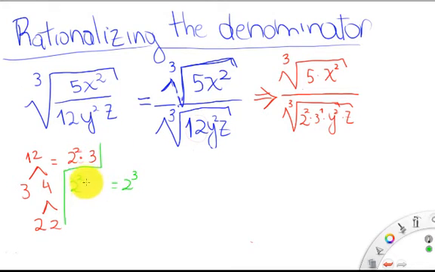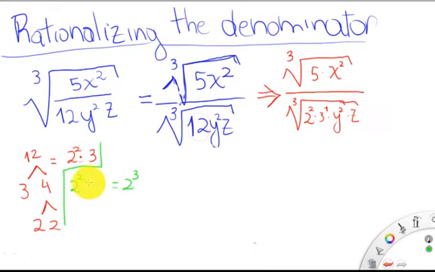A simple answer is, what can I multiply? Well, the answer is 2 to the first. Because you know that if you do that, you're going to get 2 squared times 2 to the first, which is 2 raised to the power of 2 plus 1, because we add the exponents. So it's going to give me this.